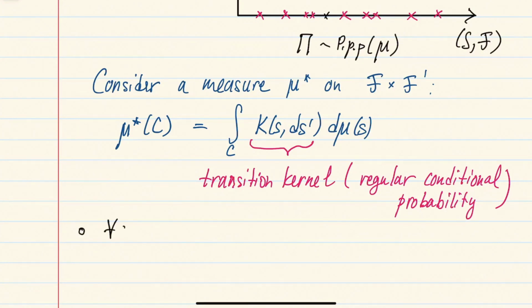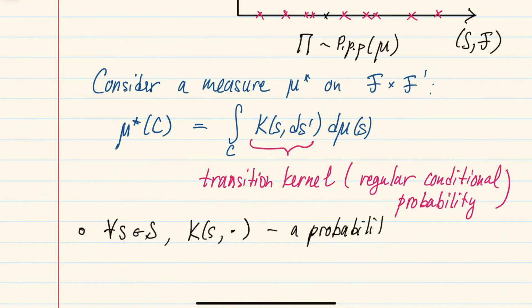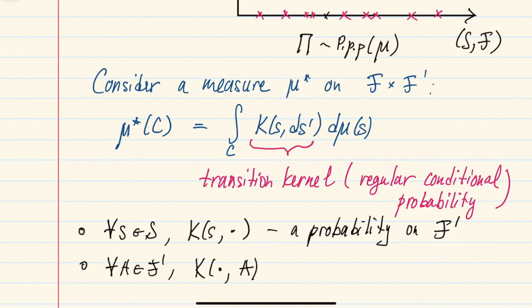For all S on the first space, when you view this as a function of a measurable set on the second space, this will be a probability on the sigma algebra F prime. And then for every measurable set in the sigma algebra F prime, if you view this as a function of this coordinate on the first space, this will be a measurable function on F.